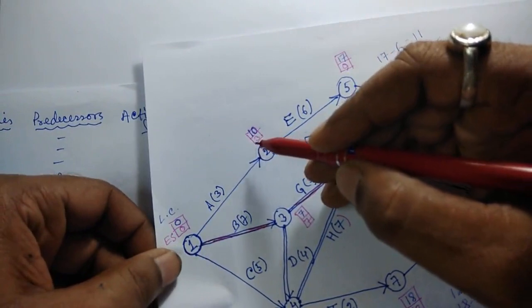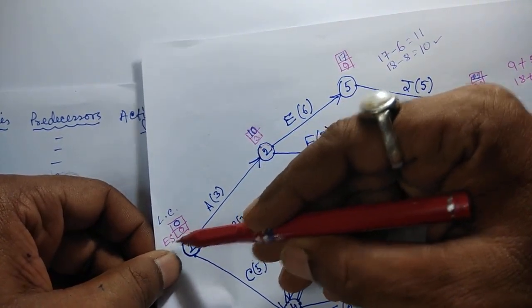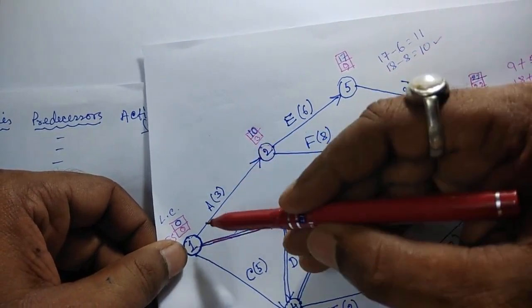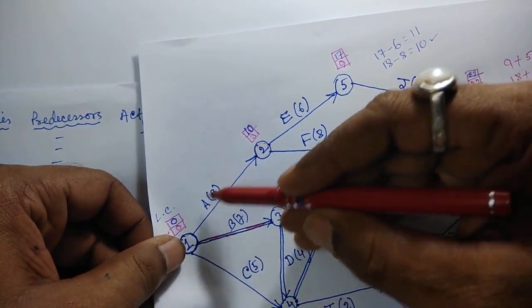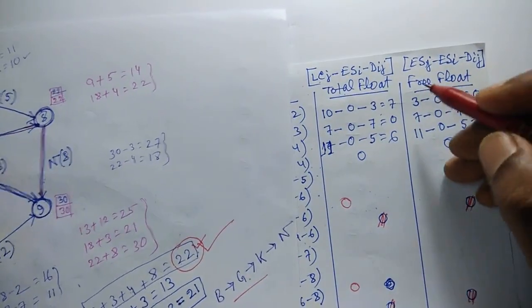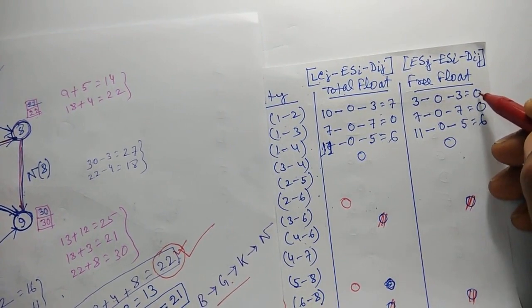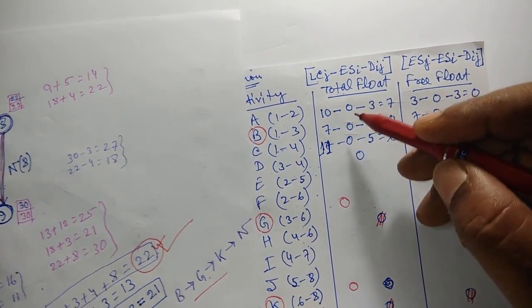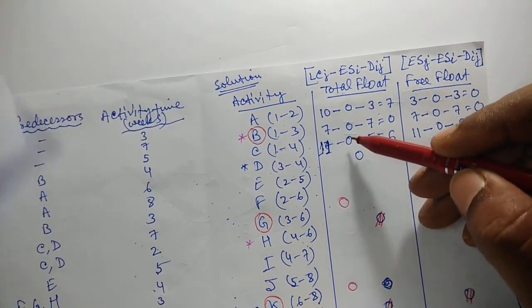And the earliest start time for the beginning node, the starting node, is 0. 3 minus 0 minus the time duration, that is 3. So 3 minus 0 minus 3 equals 0. In this way we can calculate the total float and free float for all the activities.